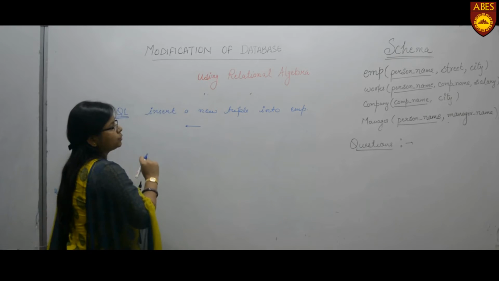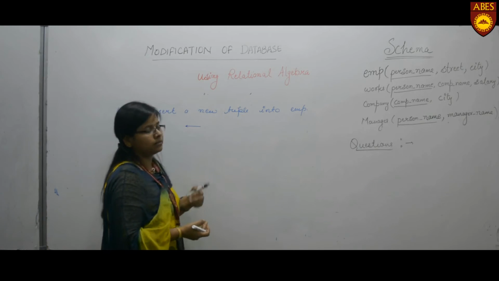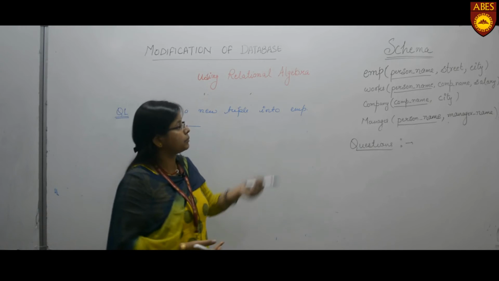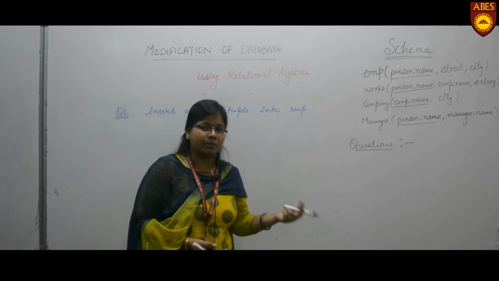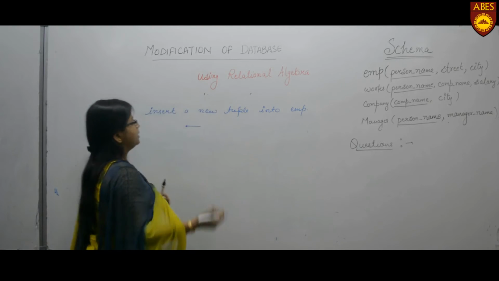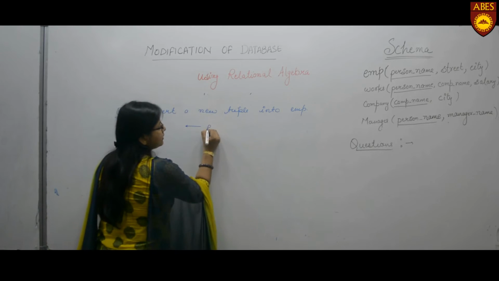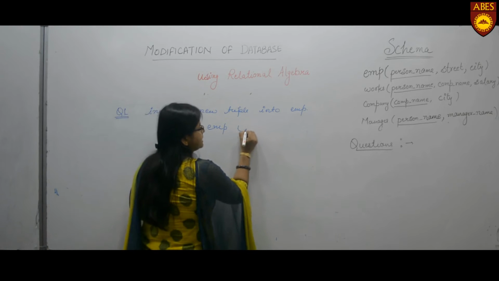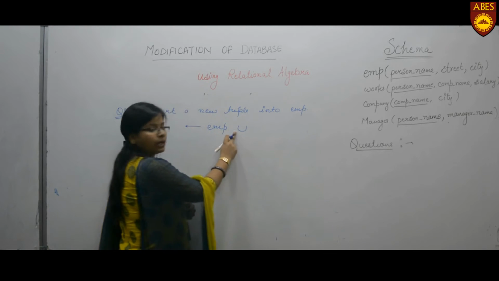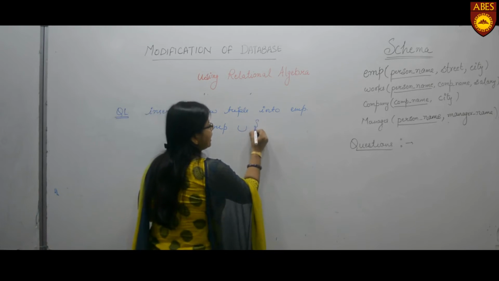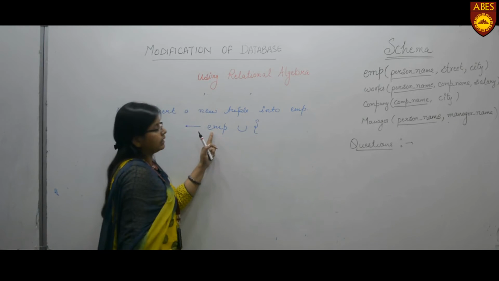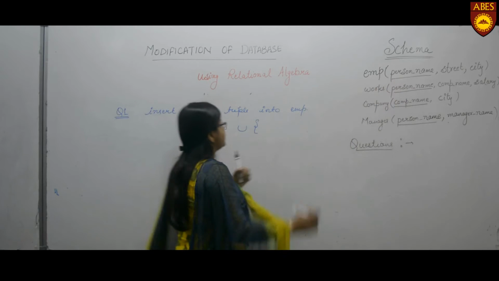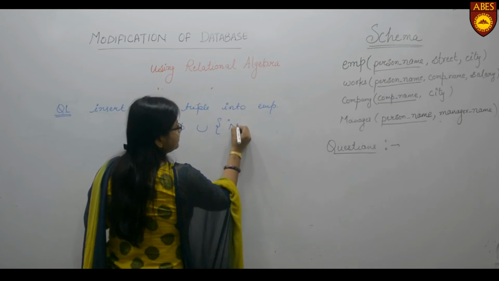So if I want to add a new tuple, we can take a random example. Say I want to insert a tuple where person name is Nidhi, street is ABS and city is Ghaziabad. Then in the existing relation EMP, insert, which is symbolized with the union operator, and the values must be in the same sequence as in the EMP relation. In EMP, the first attribute is person name, so here the first attribute will be Nidhi.